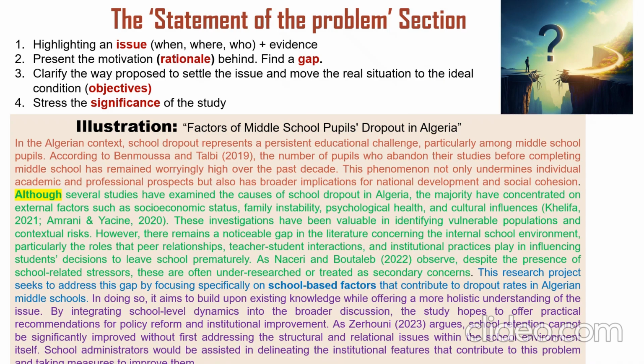Here, although several studies have examined, so the word although is important. Now, from the point of view of writing, it is important to use words that show concession, like although, in spite of, however, to show the concession between existing research and later what is missing.